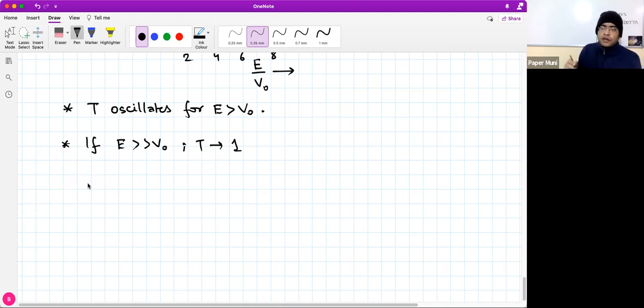If the energy of the particle is too high compared to the barrier, then the barrier does not affect the motion of the particle, because the potential barrier is too weak to affect the particle motion.